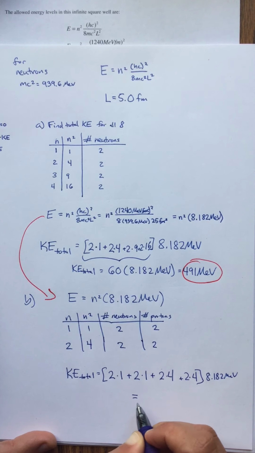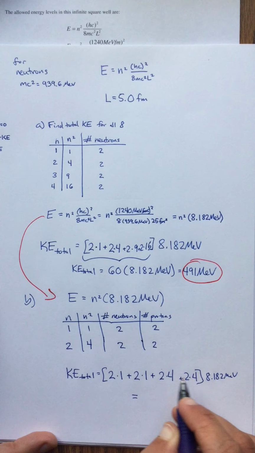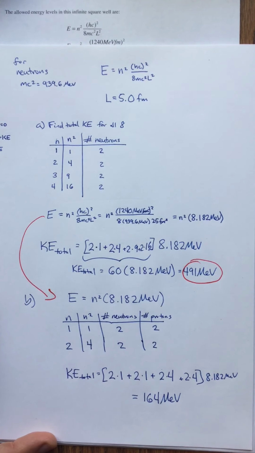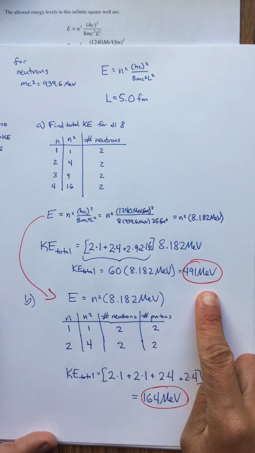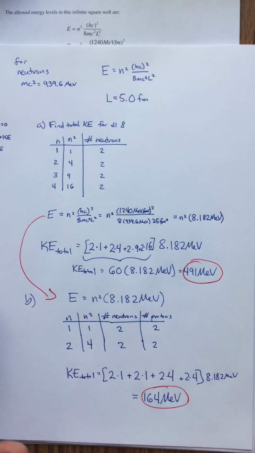When I add everything up, what's in brackets here is 20, so it's 20 times 8.182, which is 164 mega electron volts. This energy is smaller than what we have here because you can put more of the particles in the lower energy states when you have a combination of neutrons and protons. And that concludes problem 37.